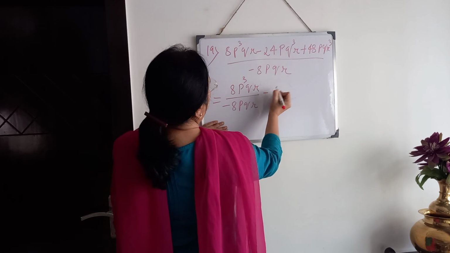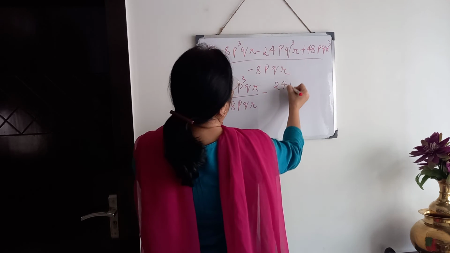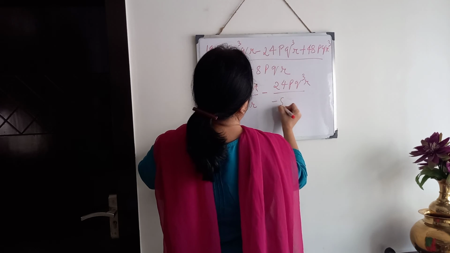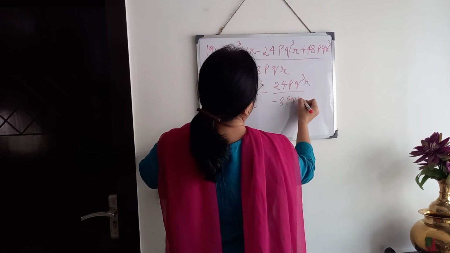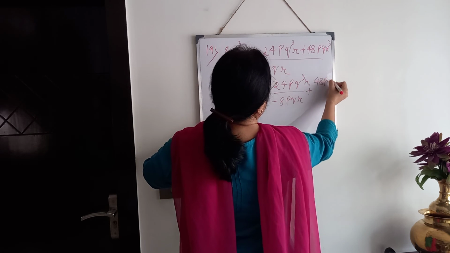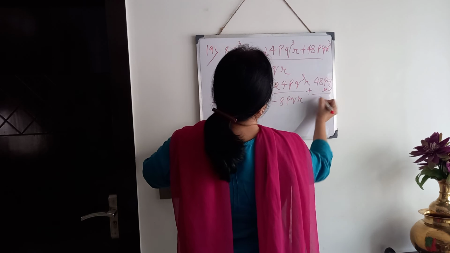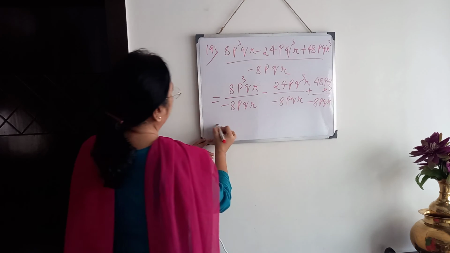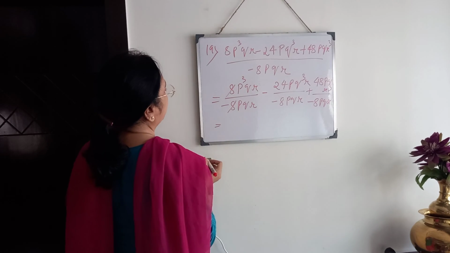There is minus sign. 24PQ cube R by minus 8PQR plus 48PQR cube by minus 8PQR.